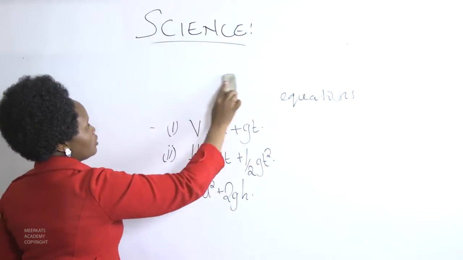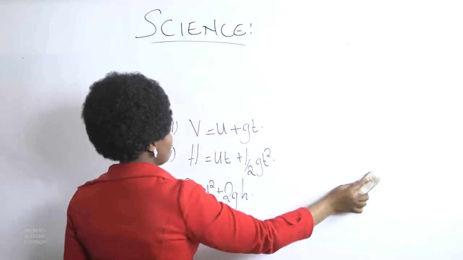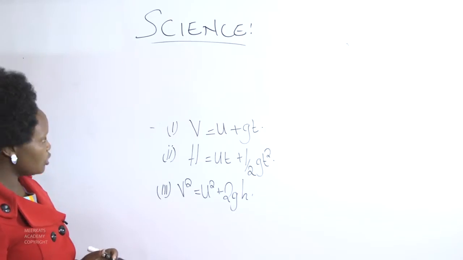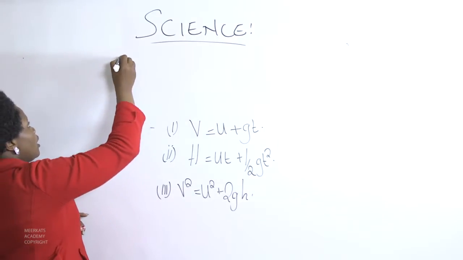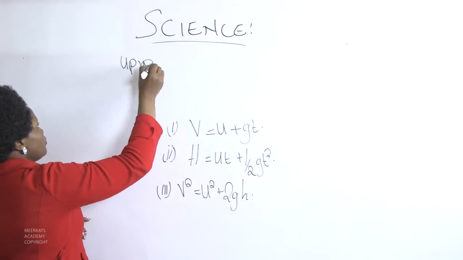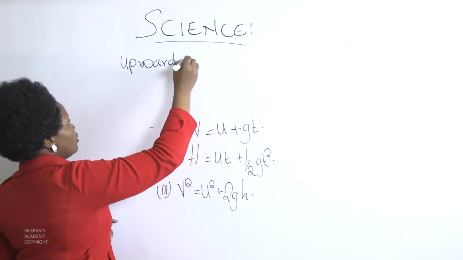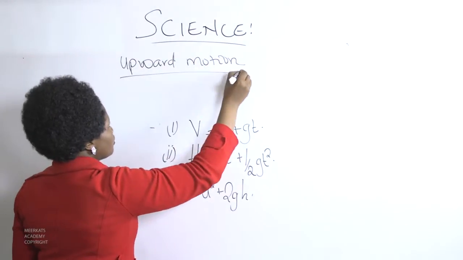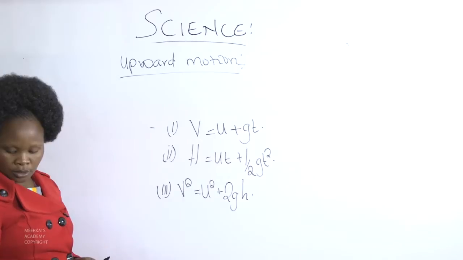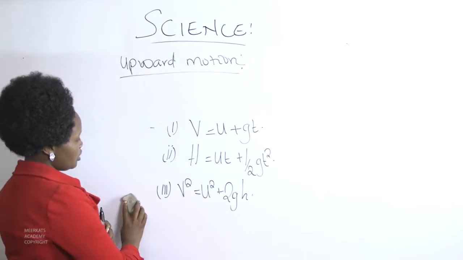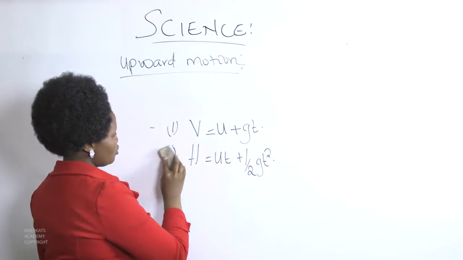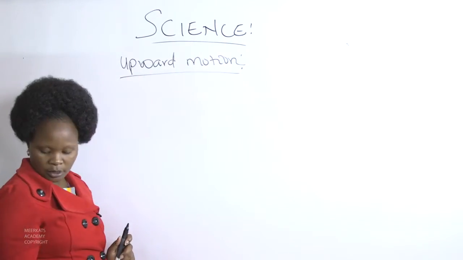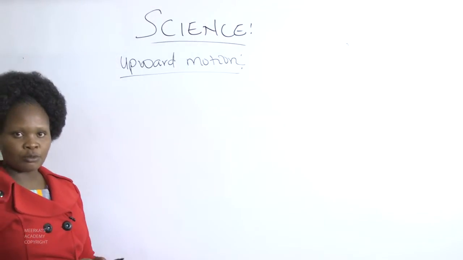Now how about a body that is projected or thrown up from some point on the ground? Upward motion. Remember, we said that gravity is actually a force and it always acts downwards.